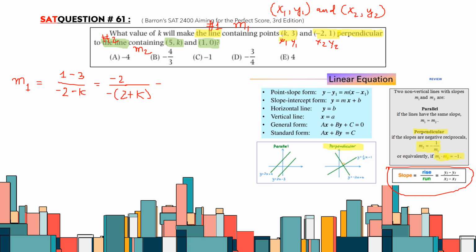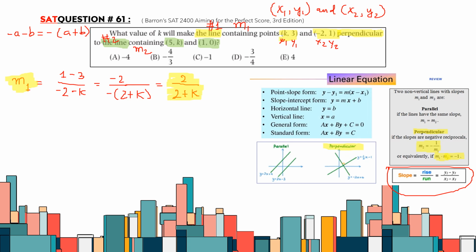And then we simplify the negative, we have 2 plus k. Remember, if we have -a minus b, we take out the negative and have a plus b. Okay, so that is line number 1. m1 is equal to 2 over 2 plus k.